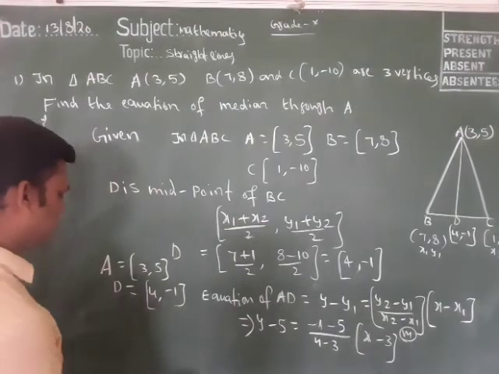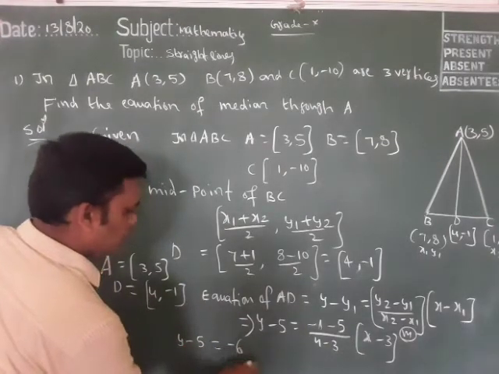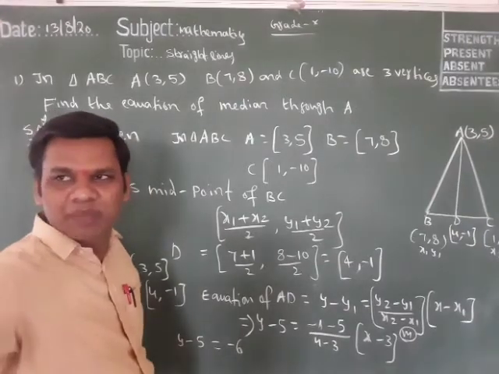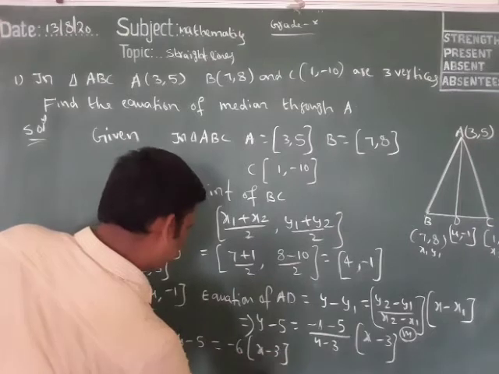So y minus 5 equals minus 6 upon 1, which is minus 6 only, into (x minus 3).